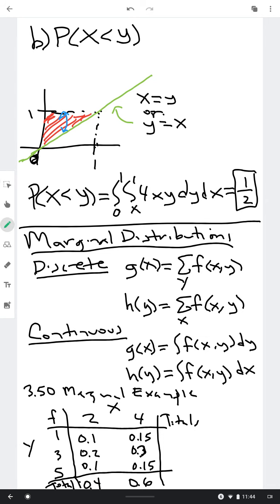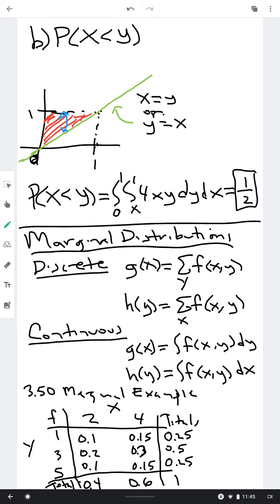And notice that the total is 1. So these are my marginal distributions in the corner. Now you can get an idea why they're called marginal distributions, because they're in the margins of my table, on the ends of my table.